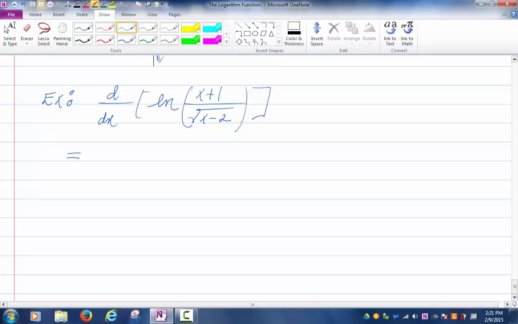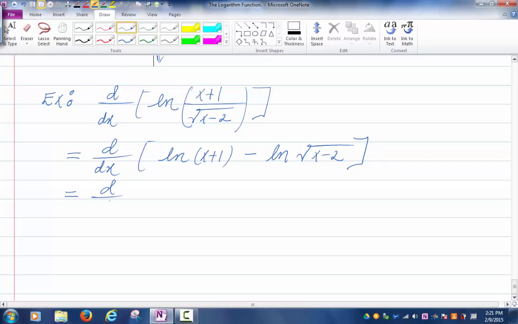the function by applying the log rules. So let's rewrite the function as ln of (x plus 1) minus ln of root of (x minus 2). That's by using log rule number 2. And then I can still rewrite the second term.